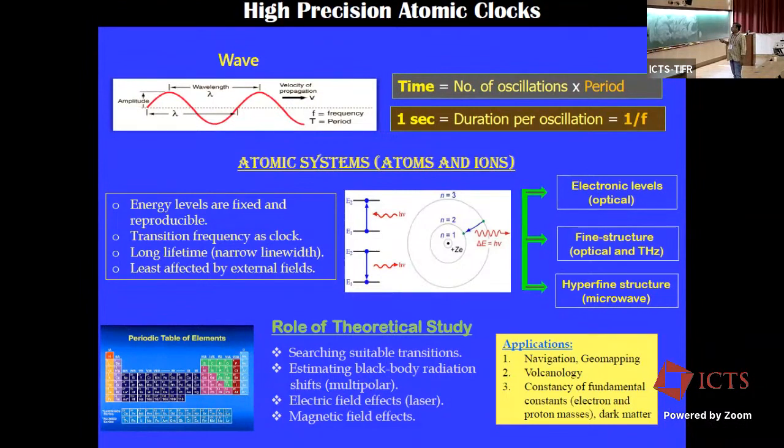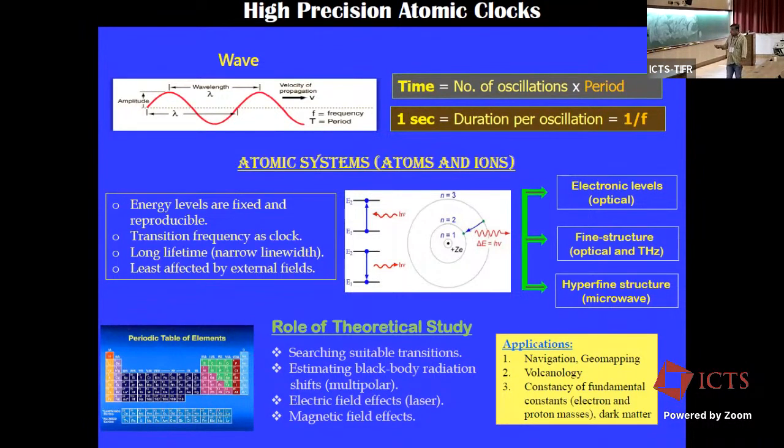If we consider fine structure splitting and the transitions among them, that could be in either the optical or terahertz range, then we can have either optical clocks or terahertz clocks. Here one can consider highly charged ions, or the transitions between hyperfine levels. Okay, that will basically give us microwave kind of clocks.